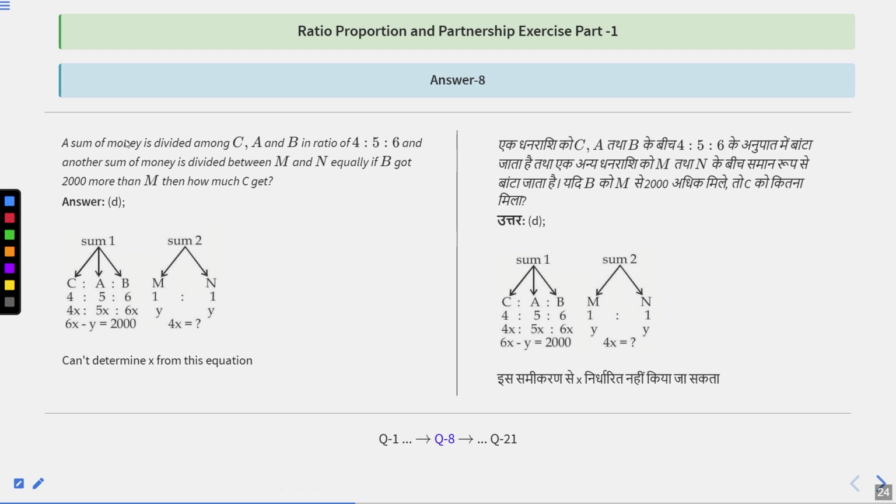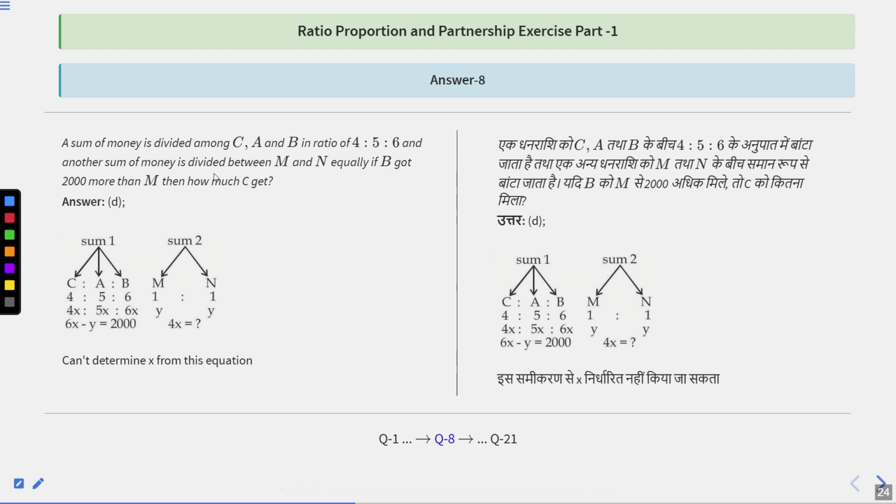Now the question says a sum of money is divided between C, A and B in the ratio 4:5:6. Clear? If we take a variable, we can take it 4x, 5x and 6x. But we don't know the relation between M and B exactly.